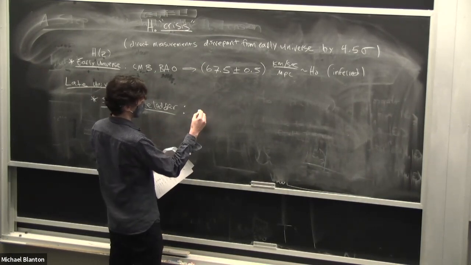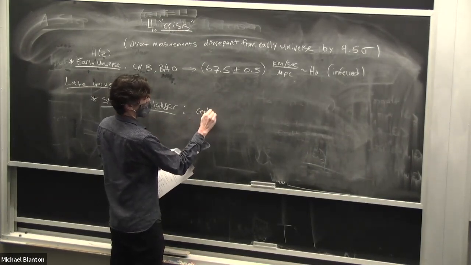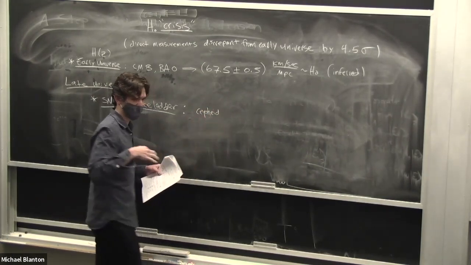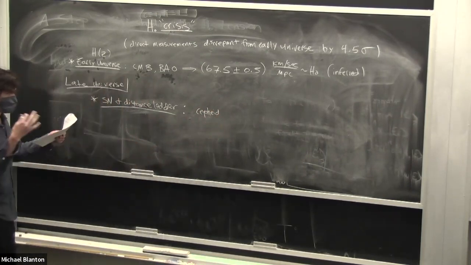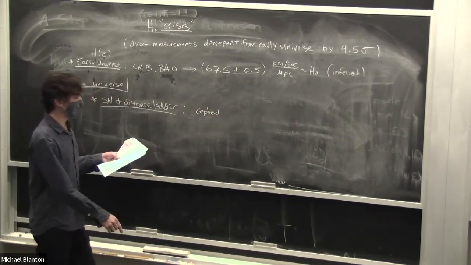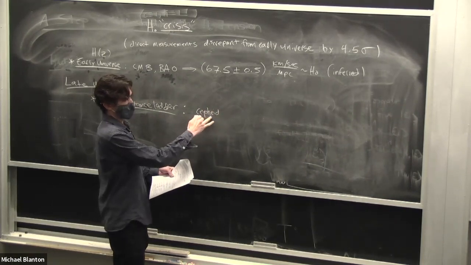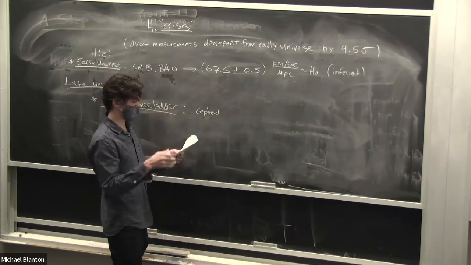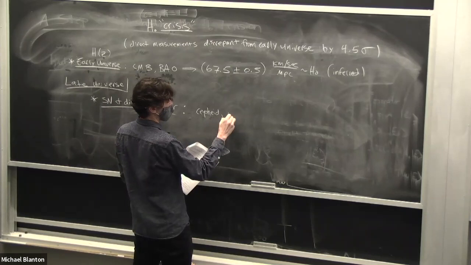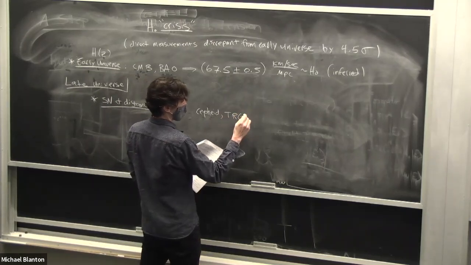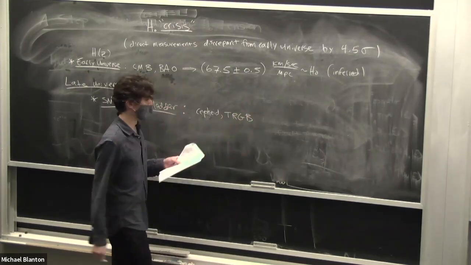So these are things like Cepheid variable stars. These are stars that dim and brighten over order of days with a period that's correlated with the absolute luminosity of these objects. There are other kinds of stars called tip of the red giant branch stars.